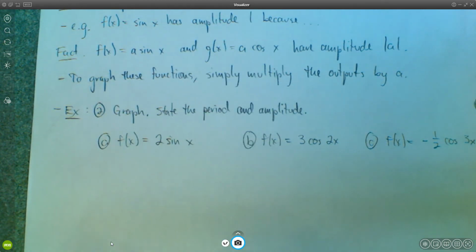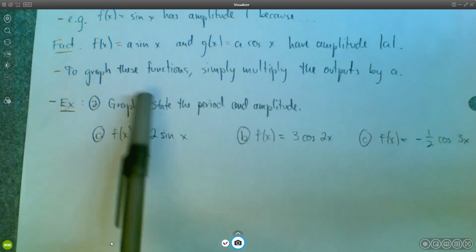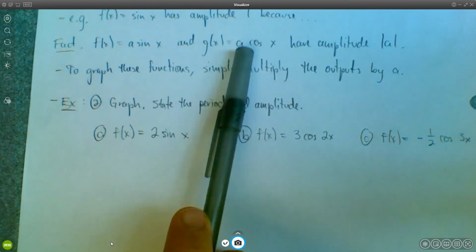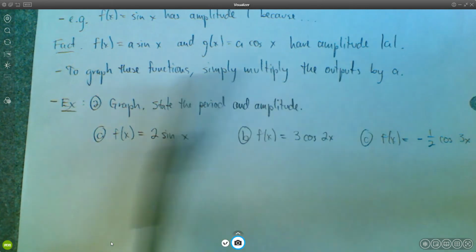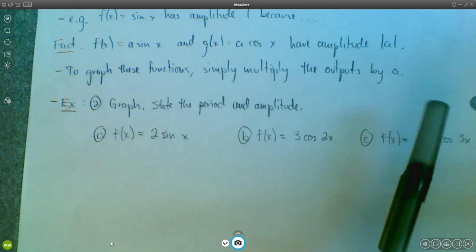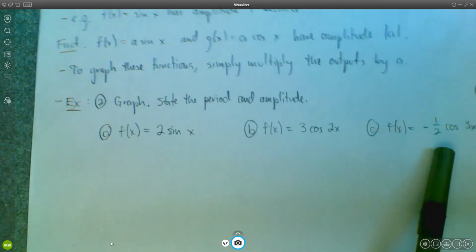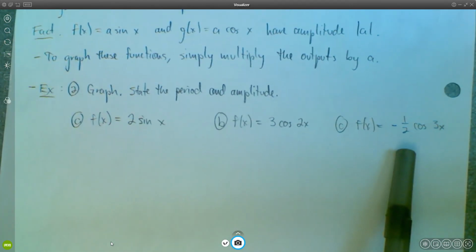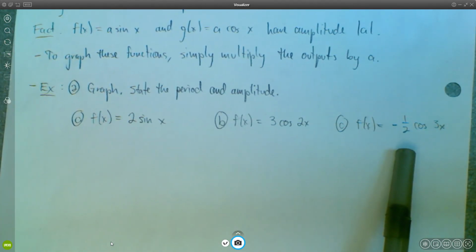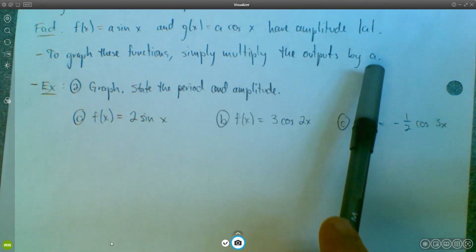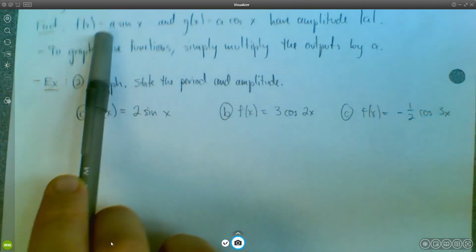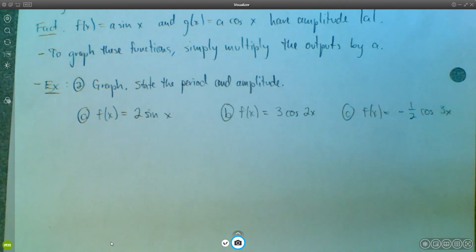All right. So to graph these kinds of functions where we're multiplying the output value by something, we just multiply all the outputs in the table by that amplitude. And of course, if the number in front is negative, well then you've got to change the signs as well. So I guess you're not really multiplying by the amplitude, you're multiplying by that coefficient, right? Whether it's negative or positive.